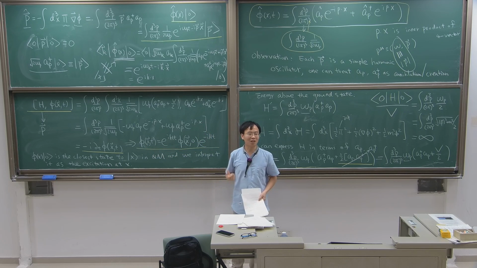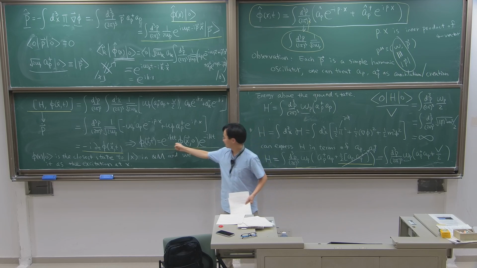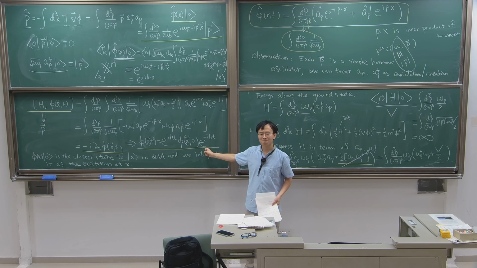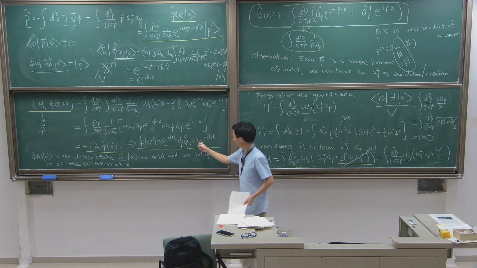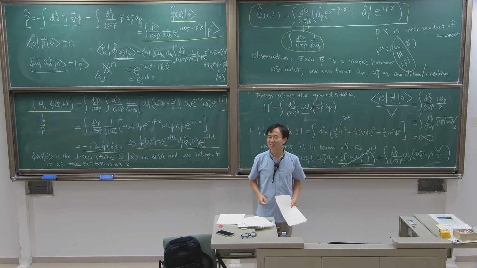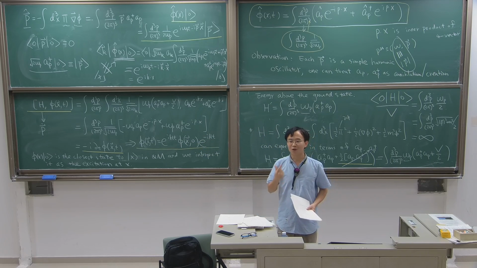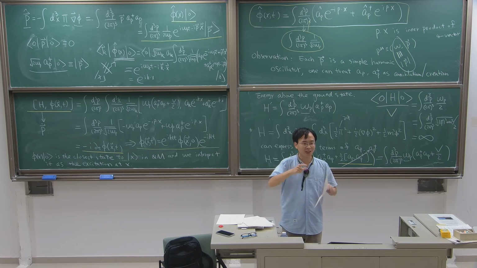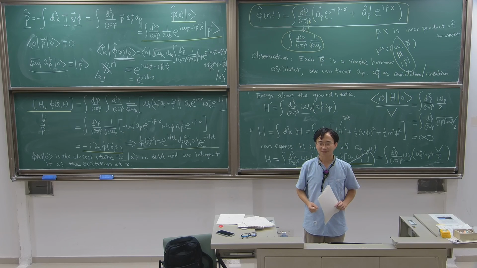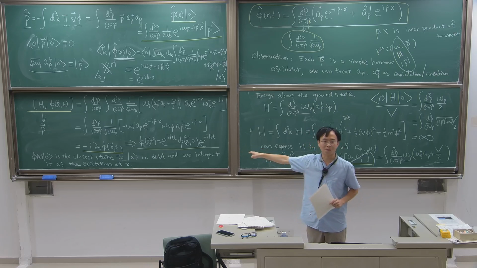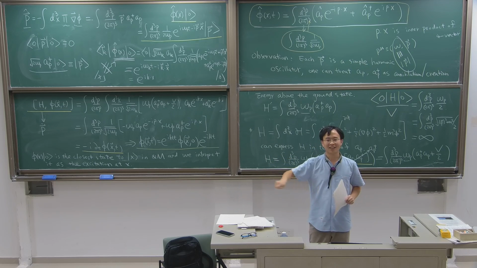So what is the object that does that transformation? Just multiply by exponential iHt together with exponential minus iHt. So this really means if you know H, you perform such a transformation, you should be able to get precisely the operator after time evolution, at time equals t. And you can do the same thing for P, meaning X.